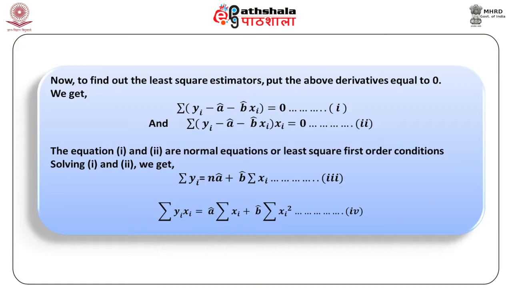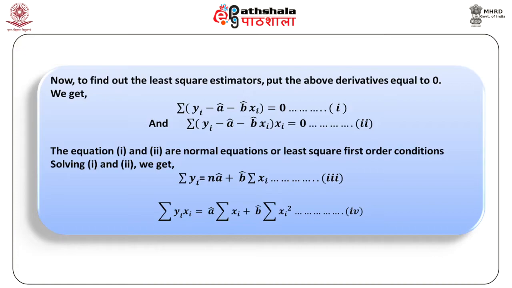We get summation yi minus a cap minus b cap multiplied by xi equals 0 as the first equation, and summation yi minus a cap minus b cap xi, which is further multiplied by xi, equals 0 as the second equation. Equation 1 and equation 2 are normal equations or least square first order conditions.